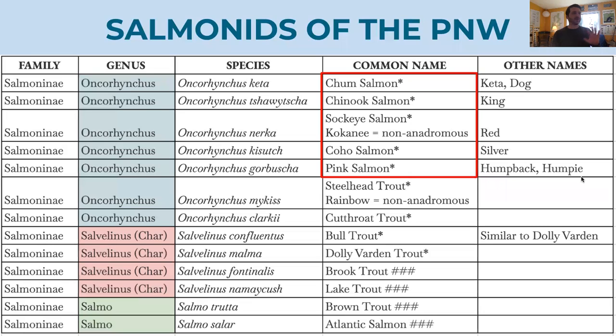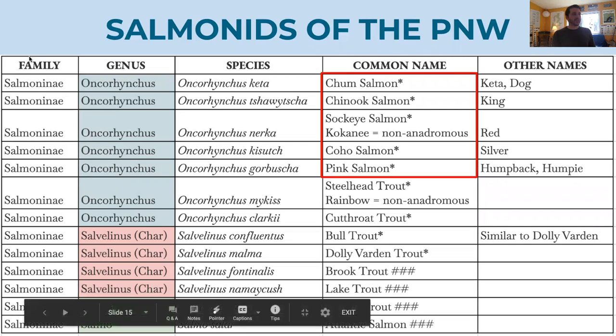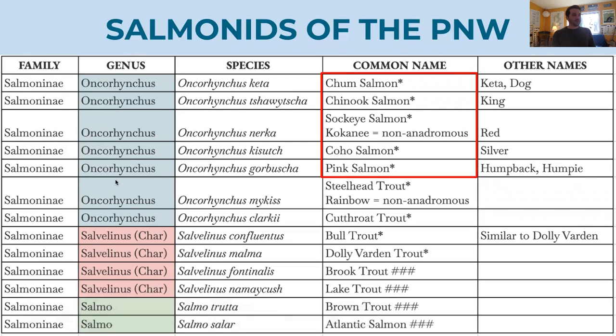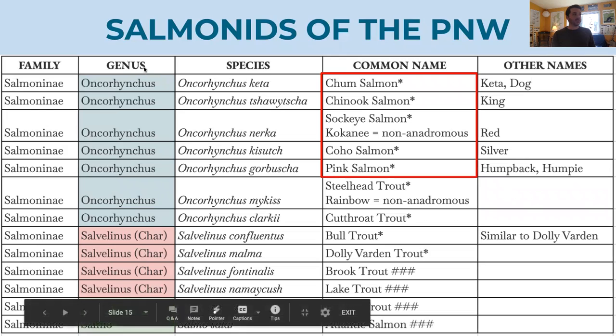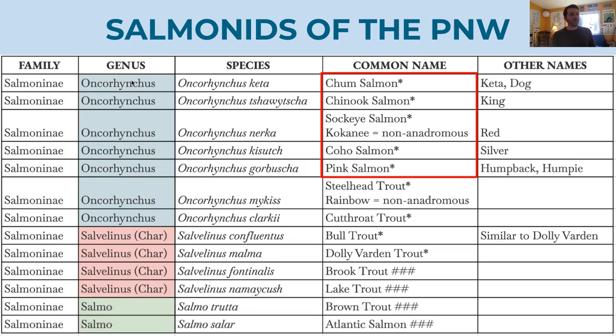So I've been talking about salmonids. Let me briefly explain what I'm even talking about. Notice on the left, this is the salmonid family. I've broken this chart down by genus. So notice the Oncorhynchus. These are all of our 5 Pacific salmon: chum, chinook, sockeye, coho, and pink. Those are the 5.